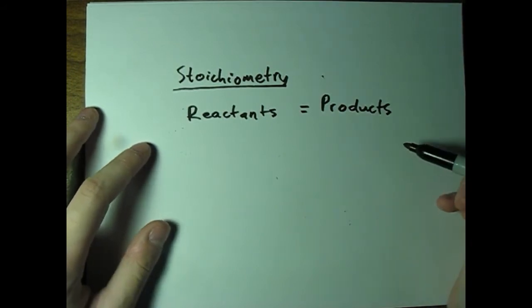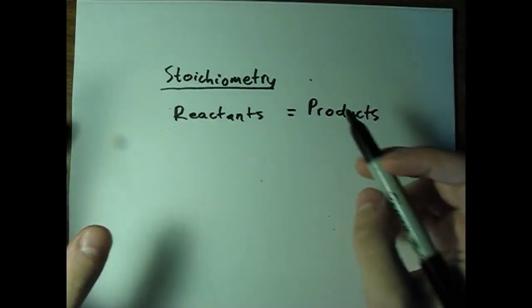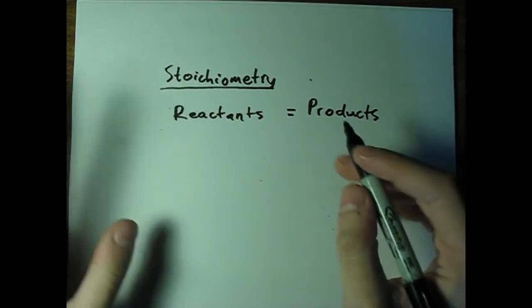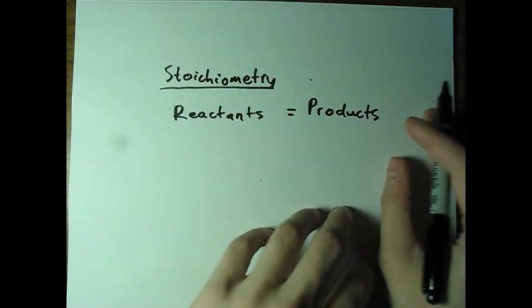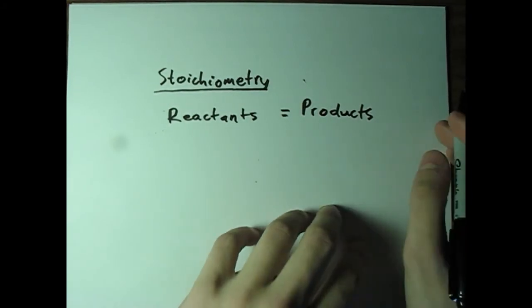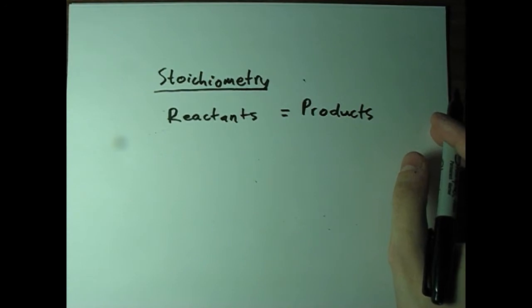And so basically all of the, let's say, hydrogen atoms on one side, if you count them all up, they have to equal the number of hydrogen atoms on the other side, and that goes for all of the atoms involved.